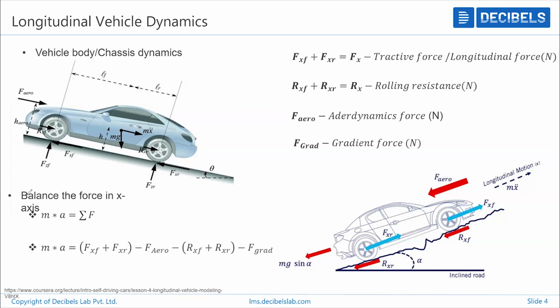Let's say this is the vehicle and there is some frictional rolling resistance, due to the friction, and aerodynamic force, and the gradient that is against gravity at some particular angle.